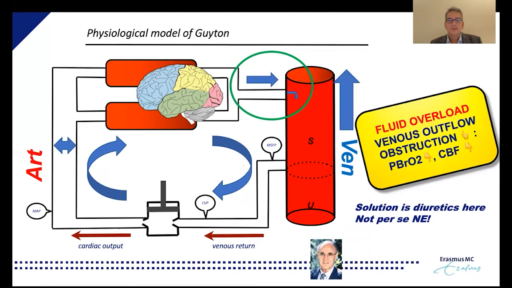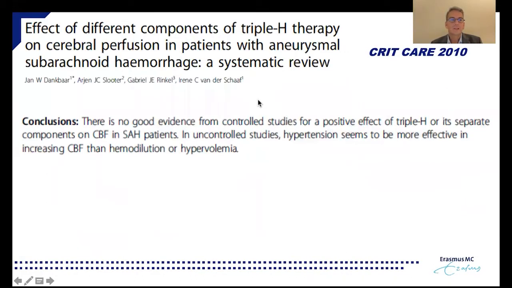So in this case, as you can imagine, you should give diuretics because of the venous fluid overload, and you should not give norepinephrine because it may increase blood pressure on the arterial side, but it may also increase central venous pressure and outflow obstruction out of the brain.